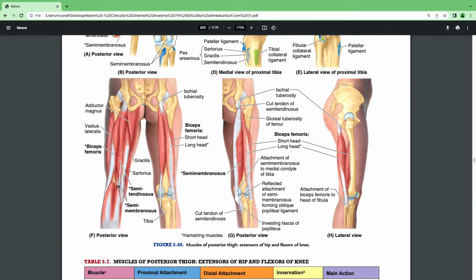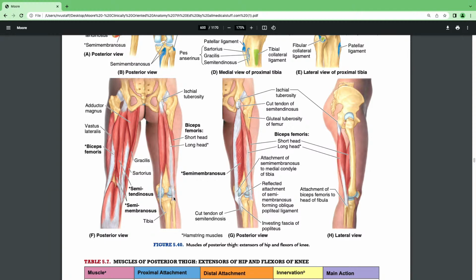And here is semimembranosus, which is better seen in this case because it is literally overlapped by the part of the semitendinosus here. So what is interesting? You can see that all of them are literally crossing both of the joints. This is one important thing for the hamstring muscles to be a group of the hamstrings.